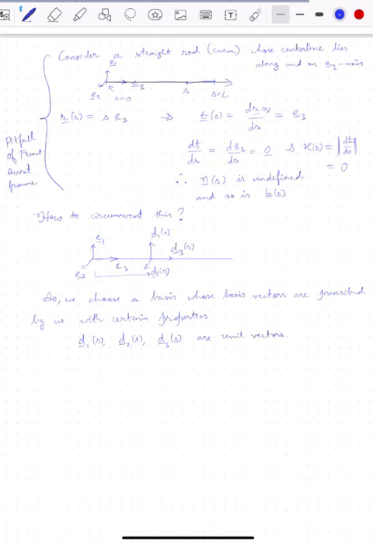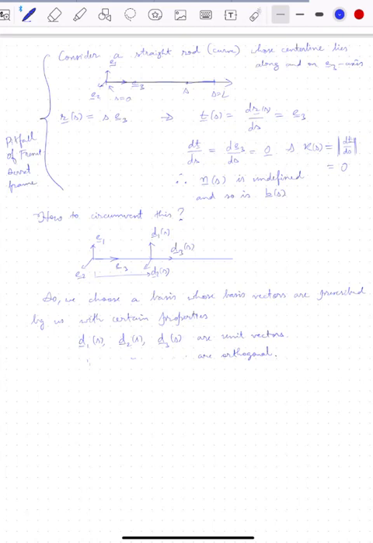First thing. And the second thing is that D1, D2, D3 are orthogonal to each other, right? So these are the two conditions, and in this case, we have done it in such a way that they coincide with E1, E2, E3. So D3 is parallel to E3, D1 is parallel to E1, and D2 is parallel or equal to E2, right?